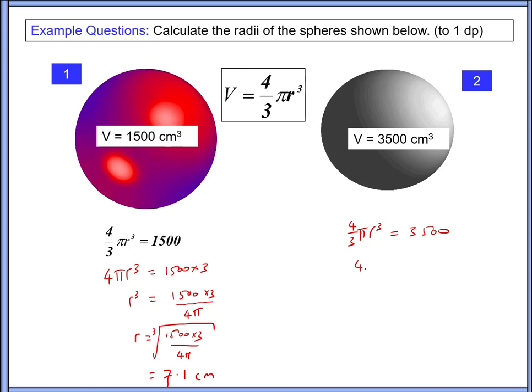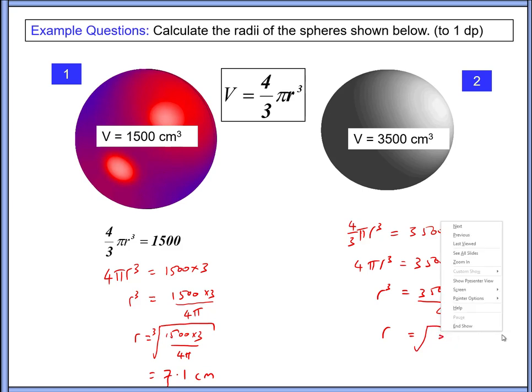So 4 pi r cubed, the 3 goes up, so it multiplies 3500 times 3, and r cubed is equal to 3500 times 3 divided by 4 pi, and r is the cube root of that. Don't forget it's the cube root, and when we work it out, you should get 9.4 centimeters.